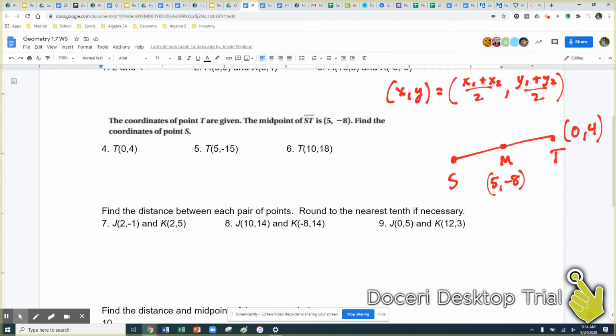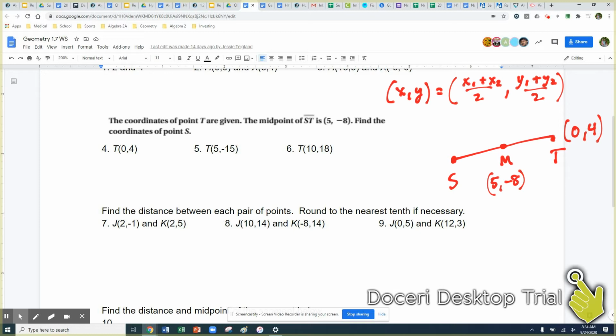And there's a lot of different ways that you could do this, but I just like to attack it one at a time. Let's look at the x first. So according to the midpoint formula, my two x's, the x of T and the x of S, need to average out to make 5. You can maybe already do the mental math.